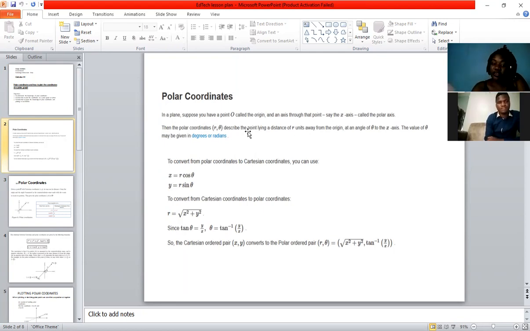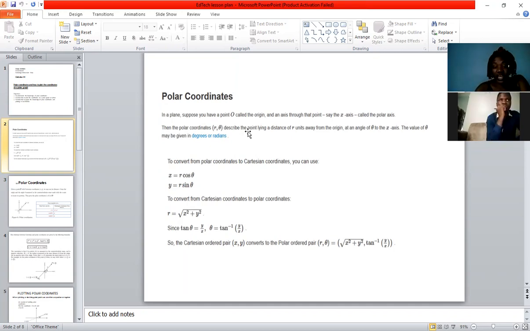The value of theta may be given in degrees or radians. To convert polar coordinates to Cartesian, x equals r cos theta and y equals r sin theta.